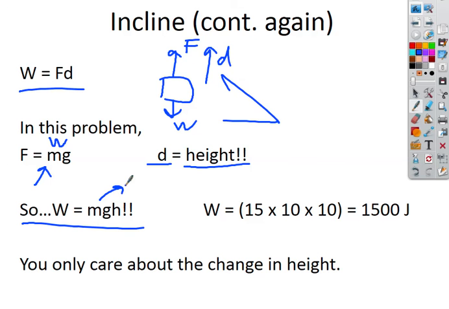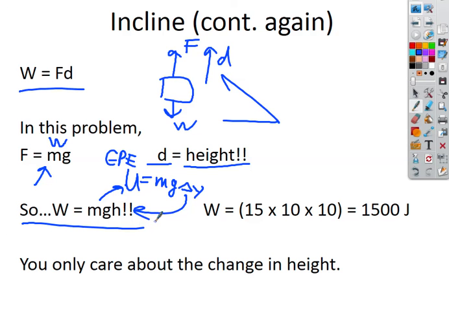We'll probably go over this in more detail later. mgh is the potential energy, which we denote U for some reason. A lot of times I just write GPE, but AP Physics and Physics use U as the symbol for potential energy. U equals mg delta y. Again, I use h instead of delta y.